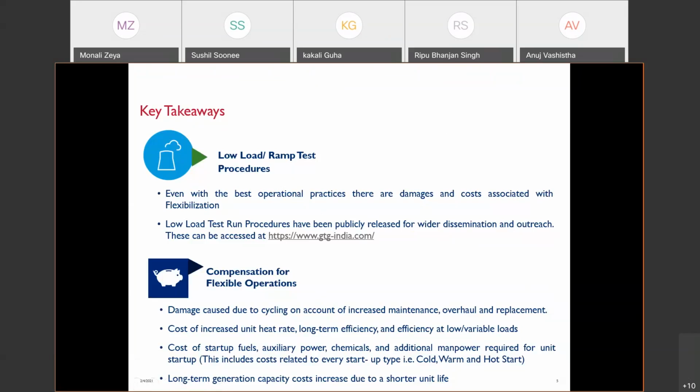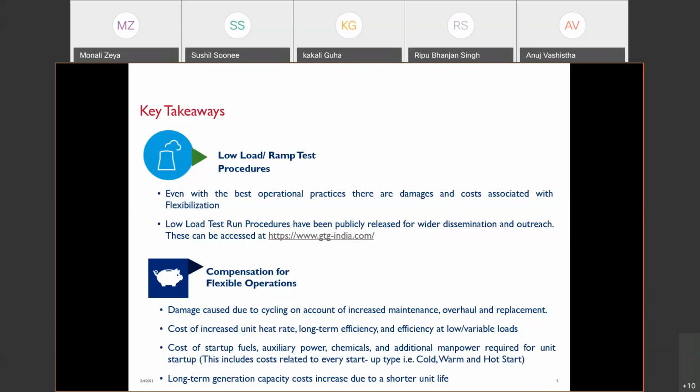And this made us think about what all damages the flexible operations would inflict, and the additional O&M expenses the cyclic operations would entail, that the unit would have to cover. There has to be some incentive, some mechanism for compensation to those generators. With the support of NTPC and GSECL, we were able to present the incremental cost that we arrived at, both for CAPEX as well as for OPEX, to the respective regulatory commissions.